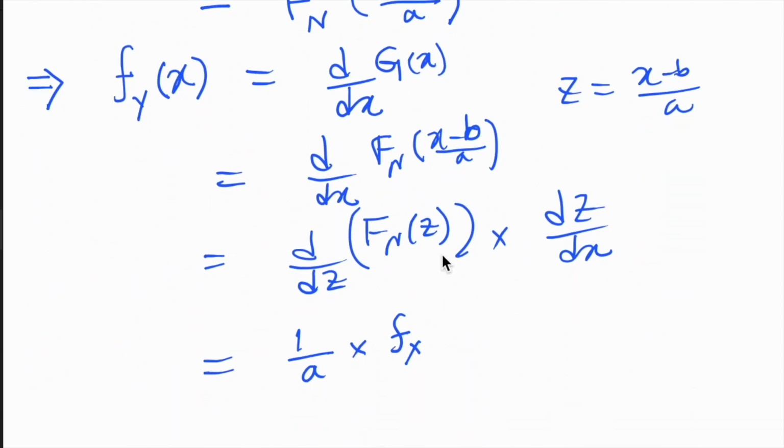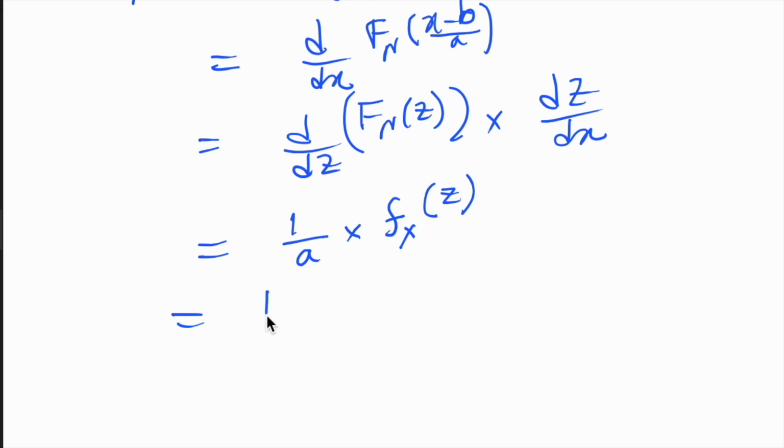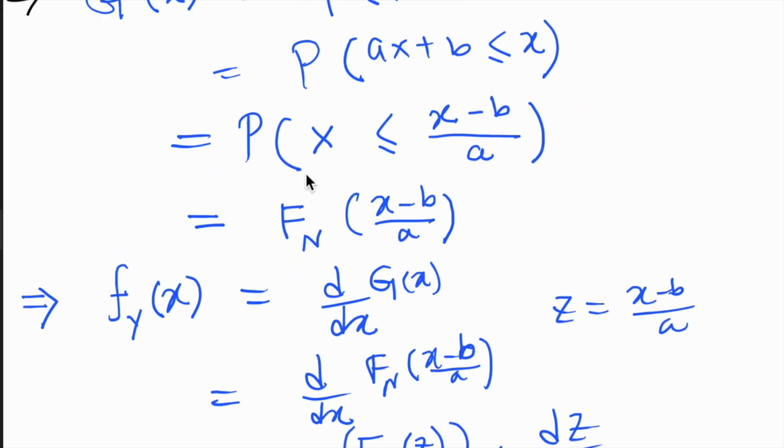So the derivative of the cumulative distribution function will be again the same PDF as the normal distribution. So it will be f_X at z. So this is 1 over a times f_X. What is f_X?